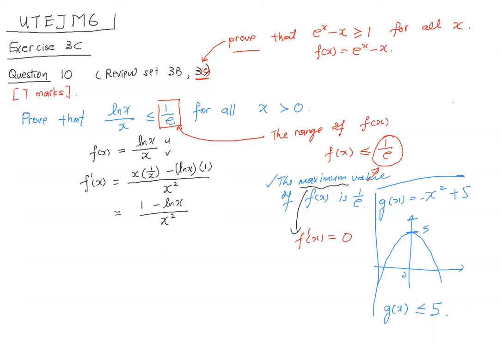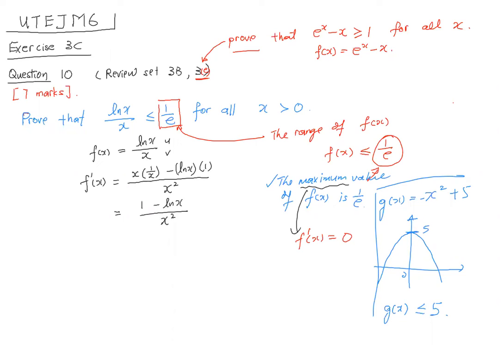Okay, so now, Cindy, what should I do after I got the rate of change function? Draw sign diagram. Hey, Cindy, you haven't got the x value. So how to draw the sign diagram? You must know the order.